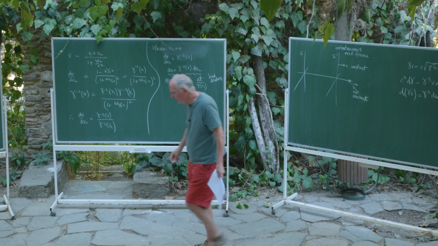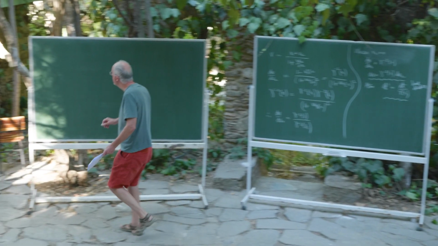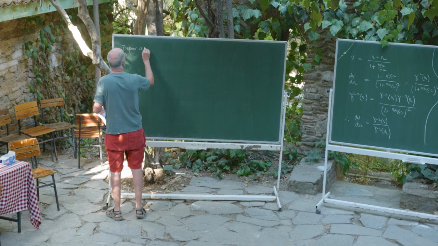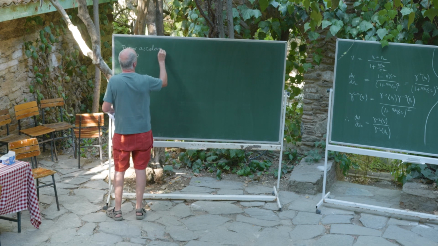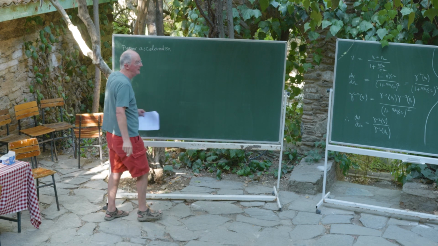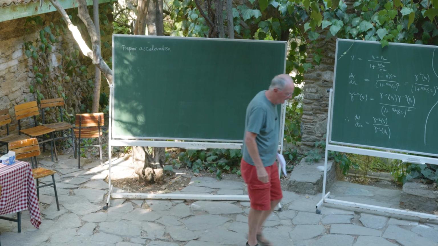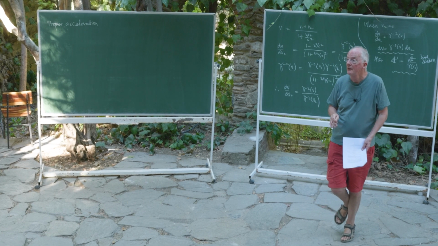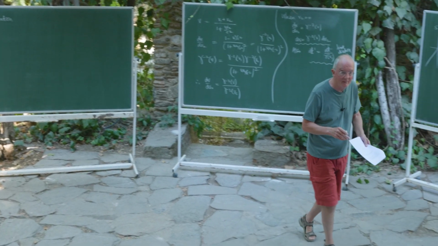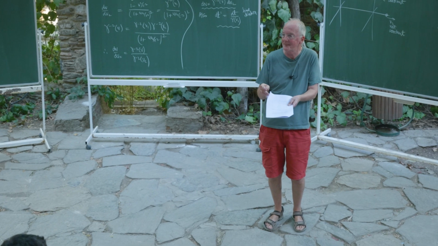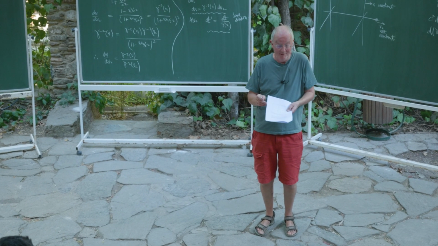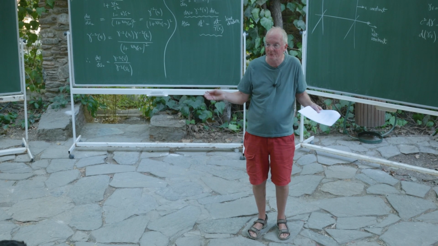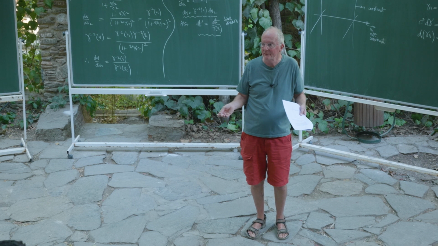Now at last we define the proper acceleration. It is the acceleration of the particle in its instantaneous rest frame. So if the particle wants to calculate its acceleration, what it does naturally is it says, at this moment I've got a rest frame, and in that rest frame I calculate my acceleration.